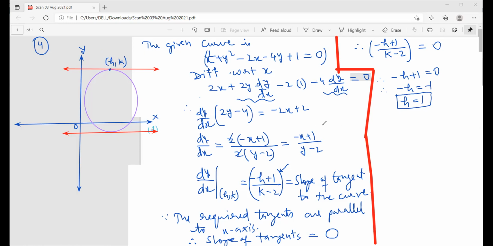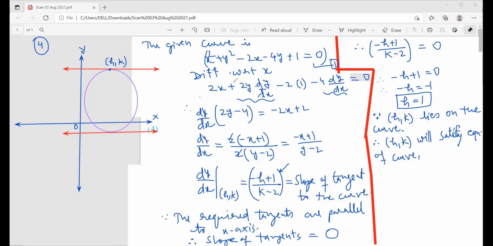Now I will get the value of k, and for that, what will I write? I will write the point h comma k lies on the curve. You see this? This is the equation of the curve. I will write, since h comma k lies on the curve, therefore hk will satisfy the equation of curve.